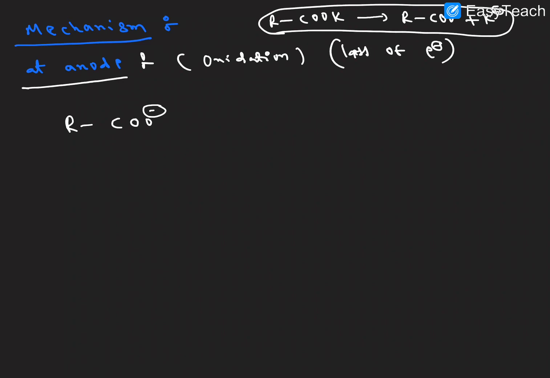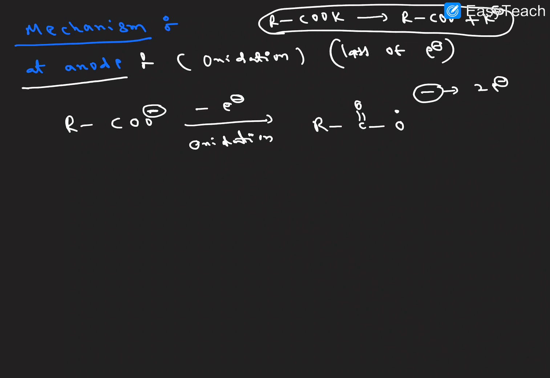So after ionization, oxidation takes place, loss of electron. One negative charge is equal to one electron. So one electron gets lost, and what remains is RC double bond O with a radical, right?